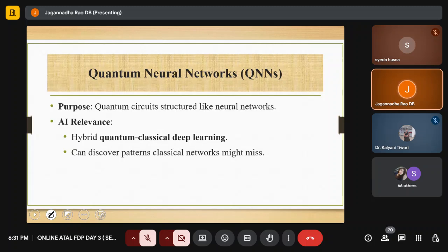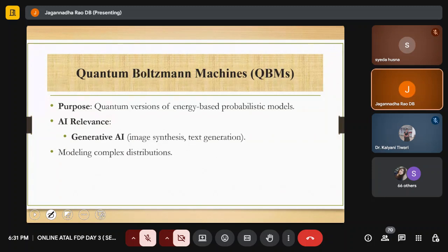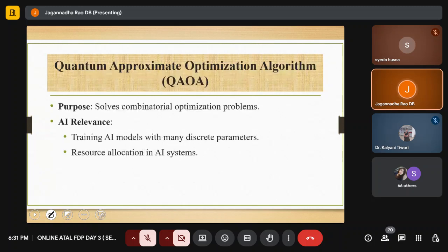Next, quantum neural networks. These use quantum circuits structured like neural networks. The relevance is hybrid quantum-classical deep learning, and they can discover patterns that classical networks might miss. Next, quantum Boltzmann machines. These are quantum versions of energy-based probabilistic models, mainly used for generative AI, image synthesis and text generation, and also for modeling complex distributions.